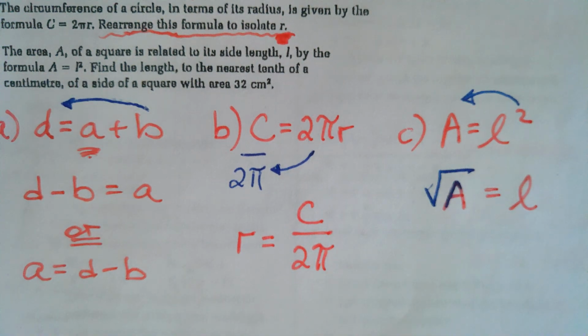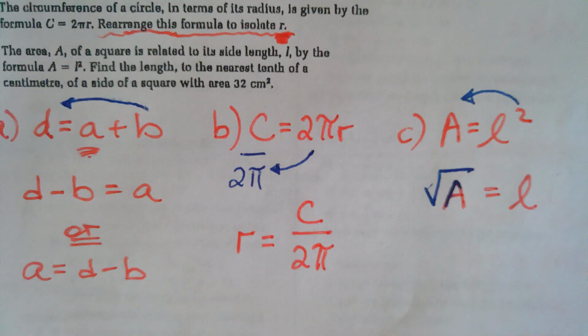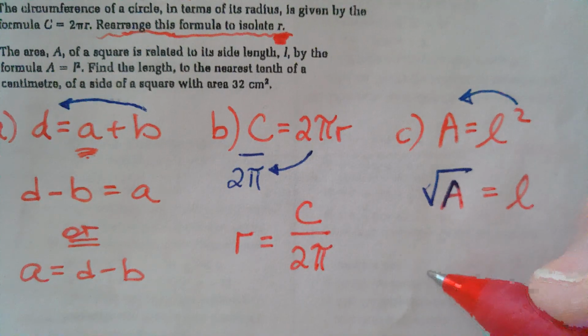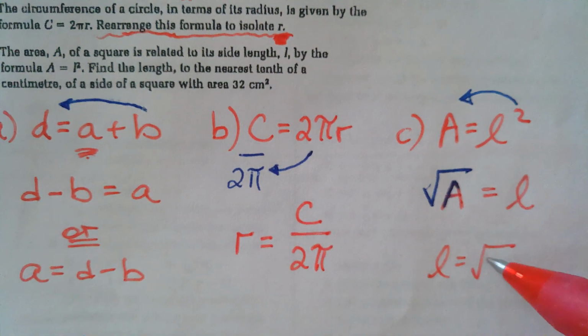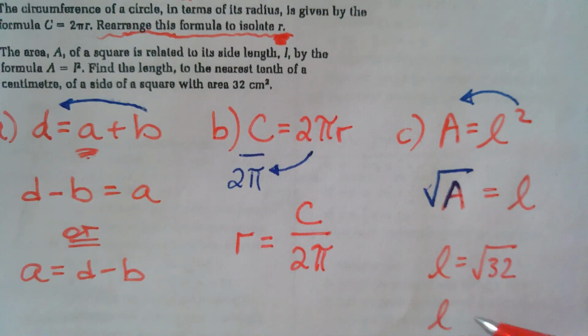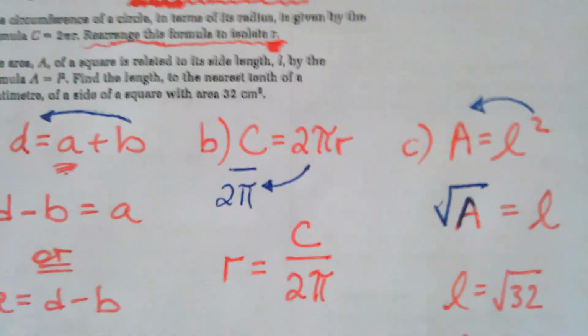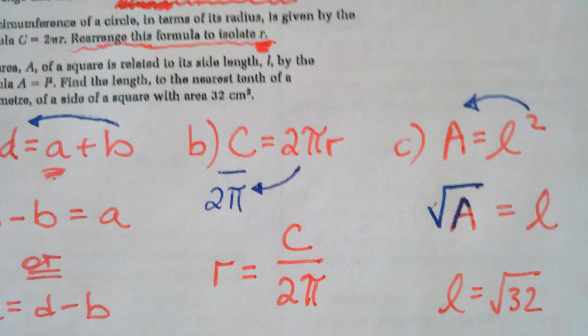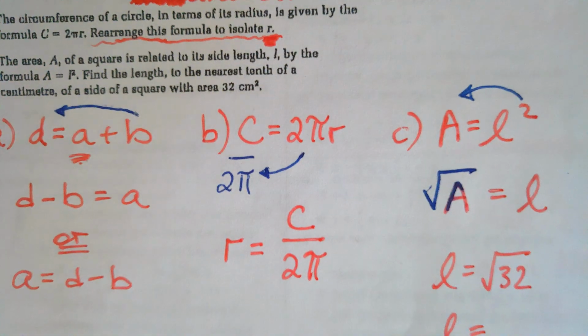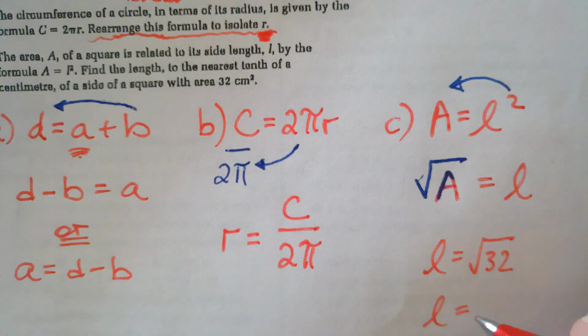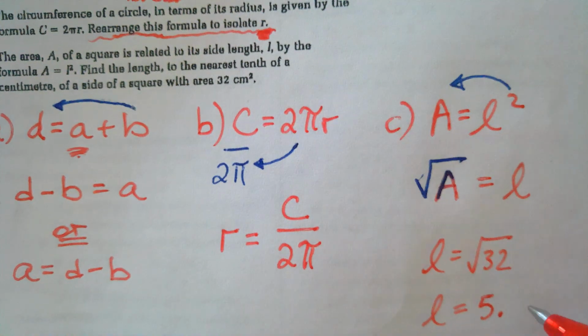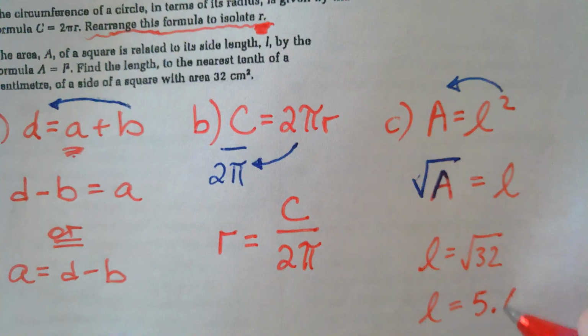So if the area is 32, the length equals square root 32. That means the length is square root 32, 5.66.